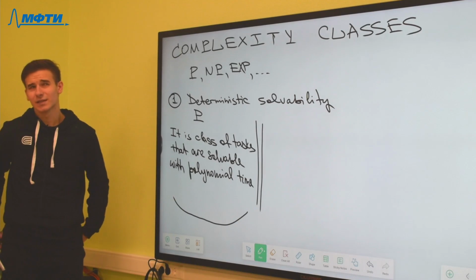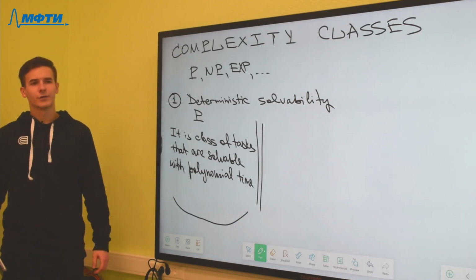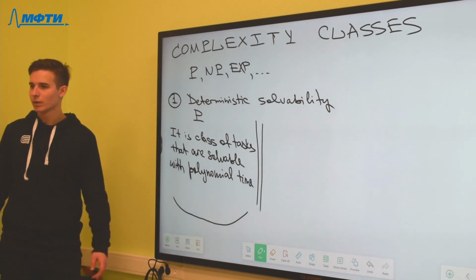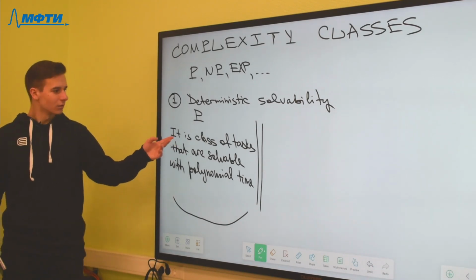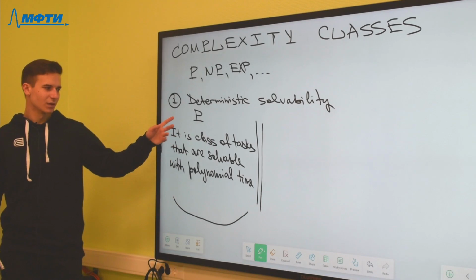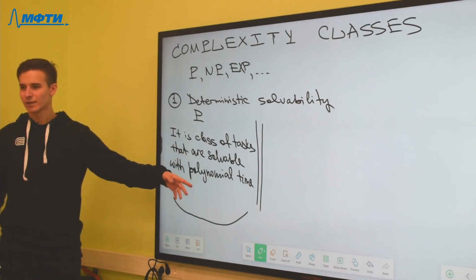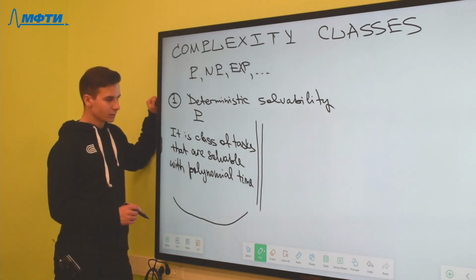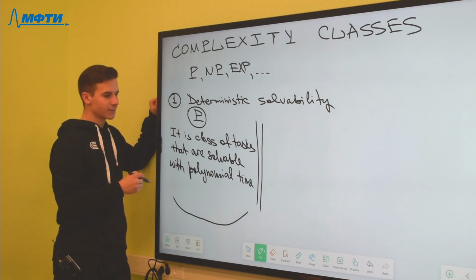For example, any tasks connected with dynamic programming are polynomial, and in most cases it is square time, or linear time. So we talk about it a lot.